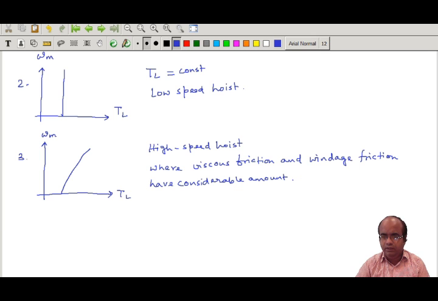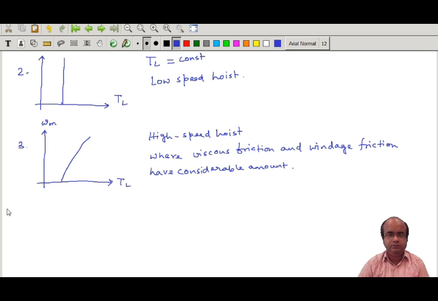Now coming to the next one, that is for traction. In the case of traction, the entire mass has to overcome the static friction, so a considerable amount of friction has to be considered because of the heavy mass.